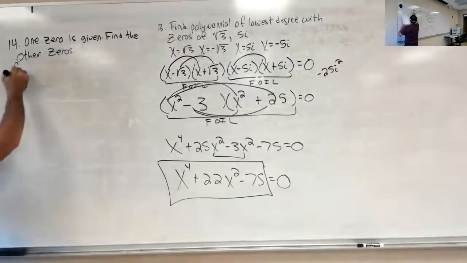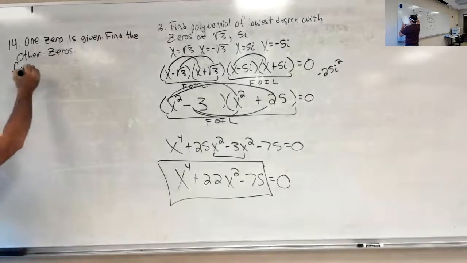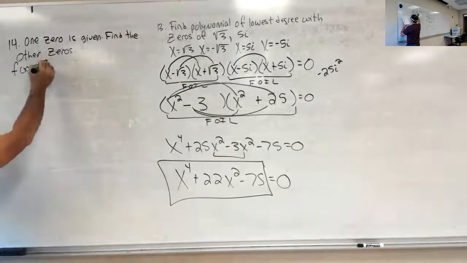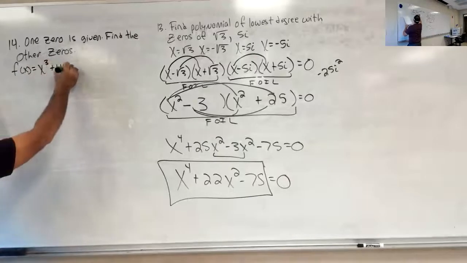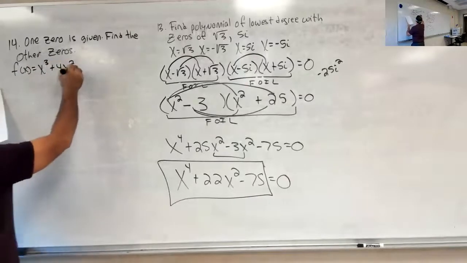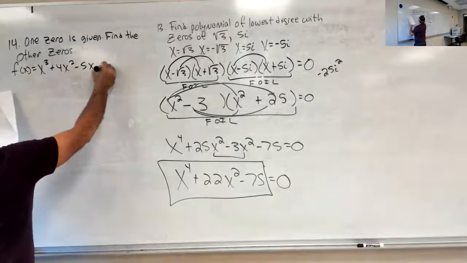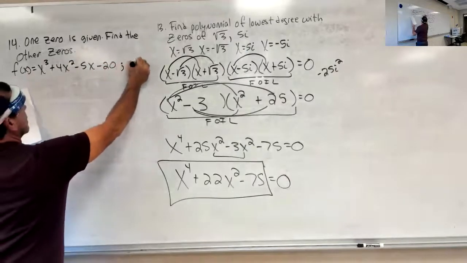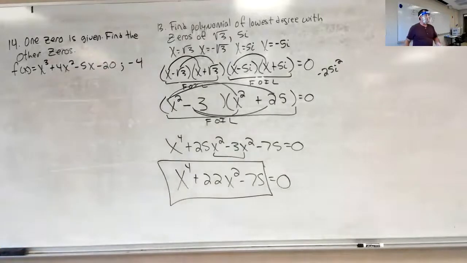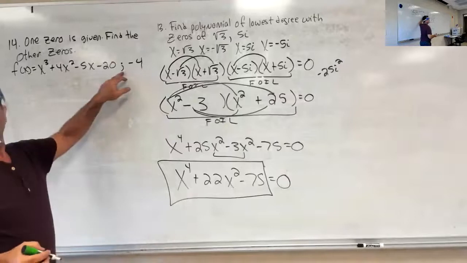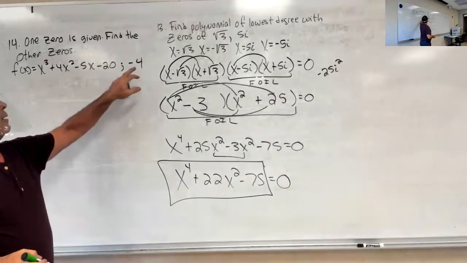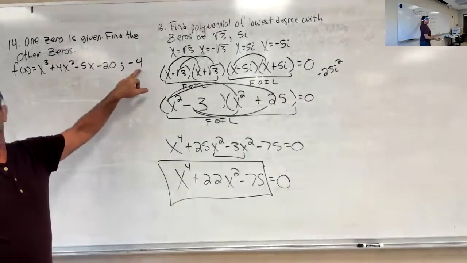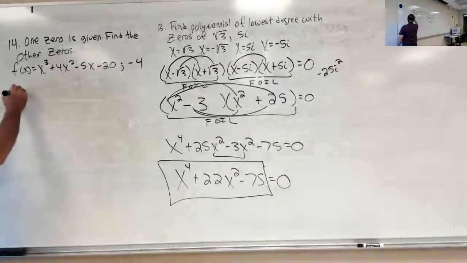So f of x equals x to the 3rd plus 4x squared minus 5x minus 20, and the number we're checking is negative 4, the zero they're giving me. They'll usually write a semicolon, and then the number after it is the zero they're giving you, okay? So we're going to start with negative 4.